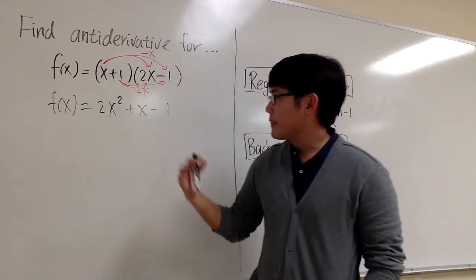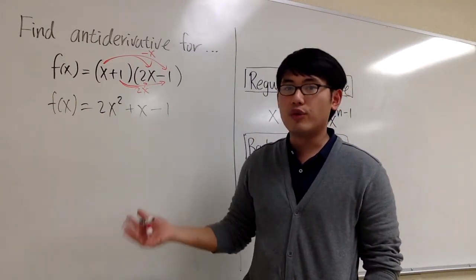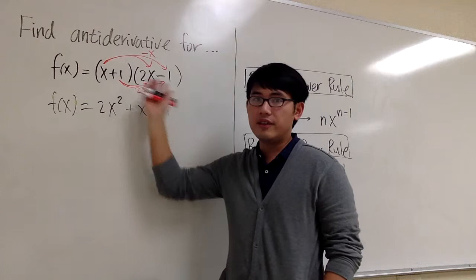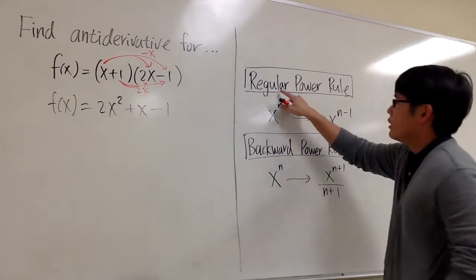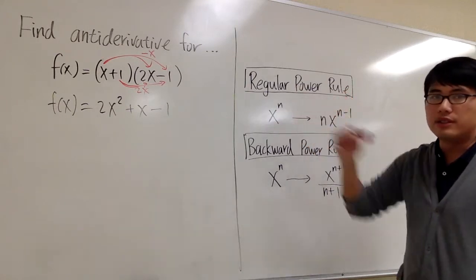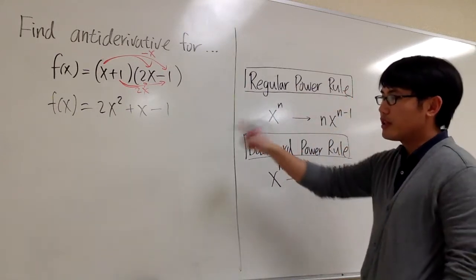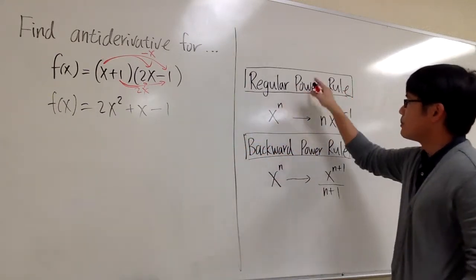If you want to take the derivative of this, or the antiderivative of this, you should look at this instead of the original. And let's review the regular power rule that we can use in this situation. If you want to take the regular derivative, you use the regular power rule.